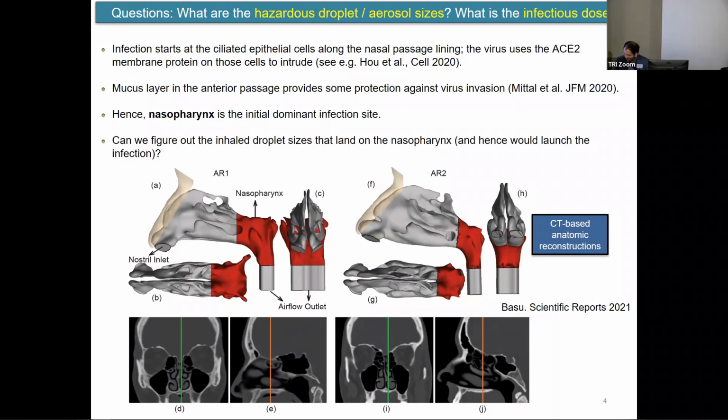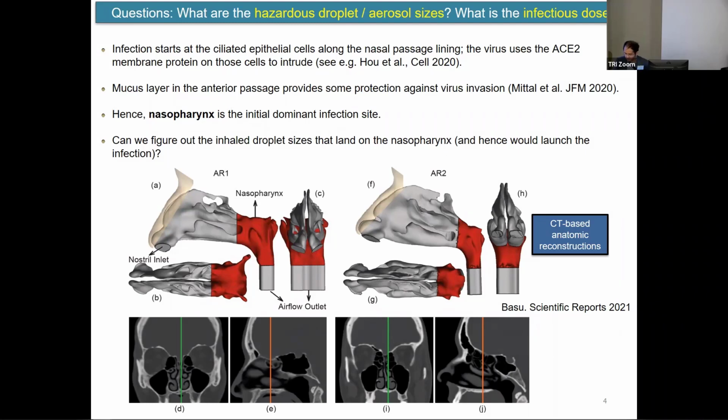So it was eventually concluded in a number of papers back in 2020 that the initial hotspot for infection is the nasopharynx, which, as we know, especially in this audience, is the region where the two sides of the airway converge and is colored red in these CT-derived geometries.